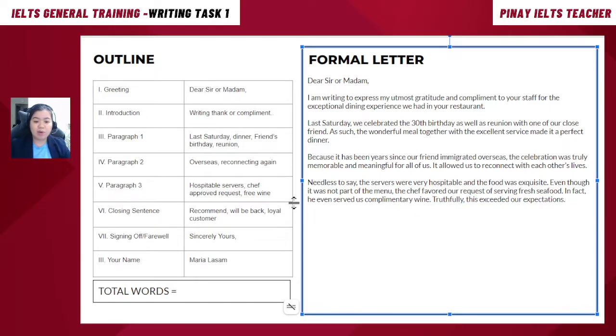All right, now I'm going to my closing sentence, which is what I want to do moving forward. With this, I have recommended your restaurant to family and friends.